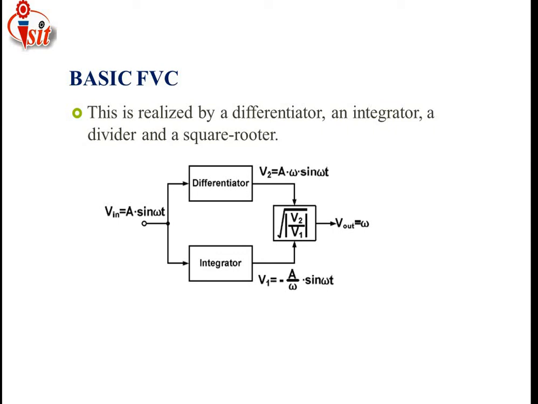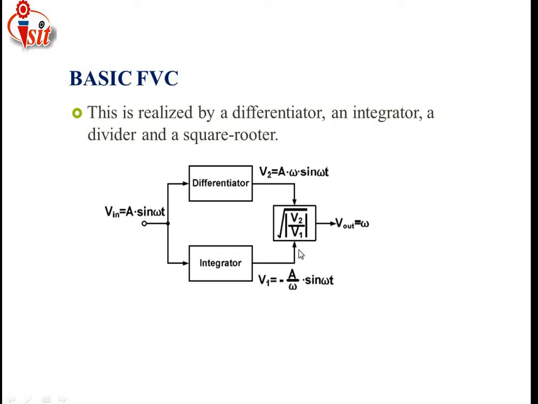In that, first of all we apply the sinusoidal signal, a sine wave, to the differentiator and integrator. The differentiator generates one equation, V2, the differentiator output, which is A omega sine omega t. And what is the integrator output? The integrator output V1 is equal to minus A omega sine omega t.